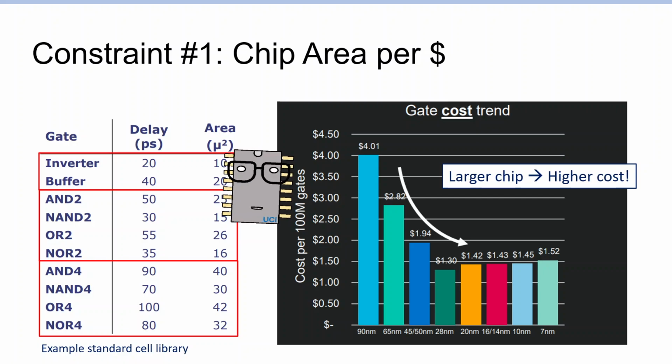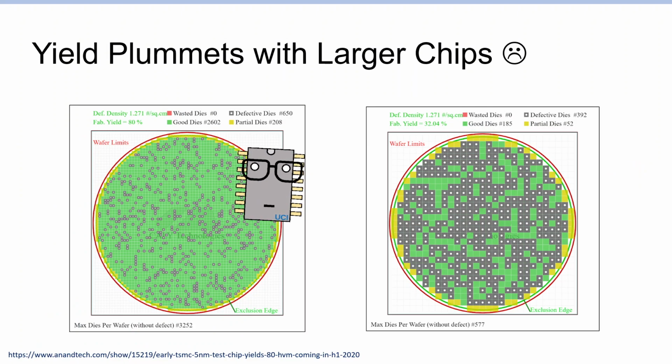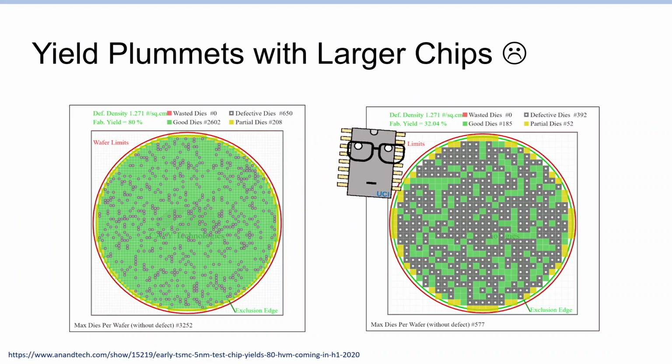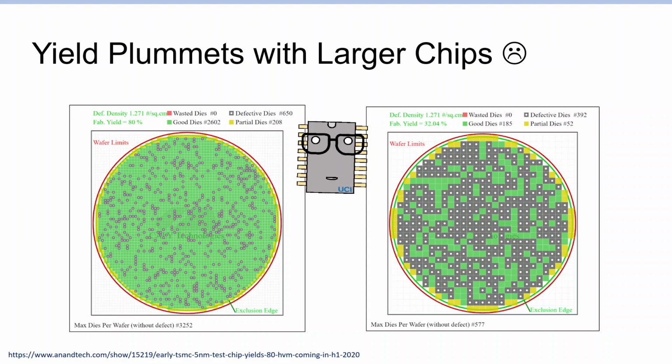A factor that slightly complicates this constraint is an issue of yield. Because when we manufacture chips from a wafer, there are going to be defects scattered across the wafer due to the characteristics of the wafer and silicon manufacturing.